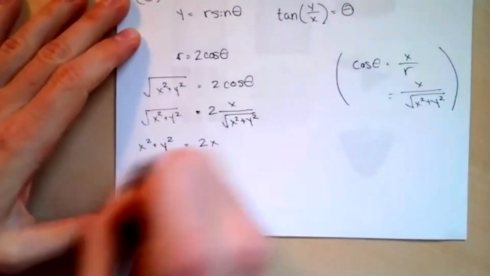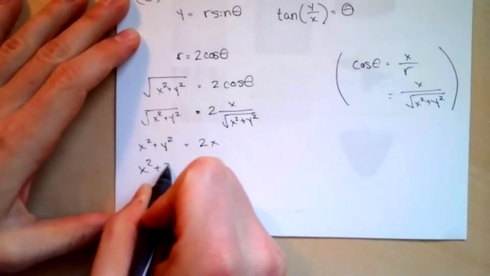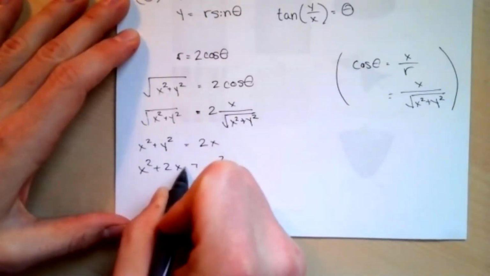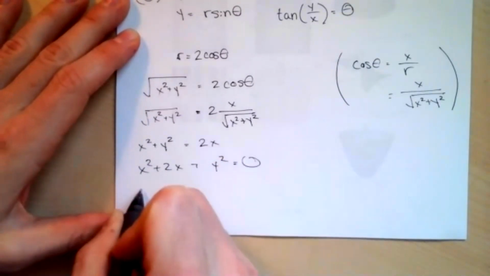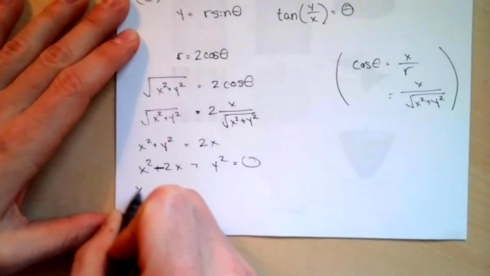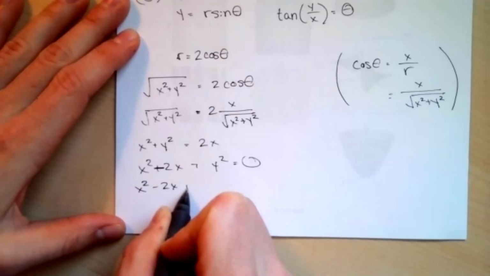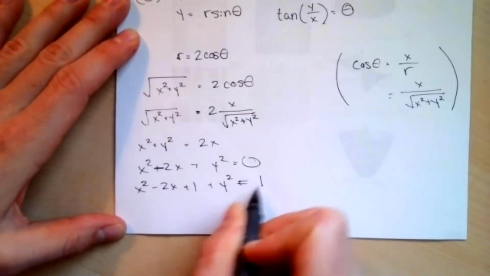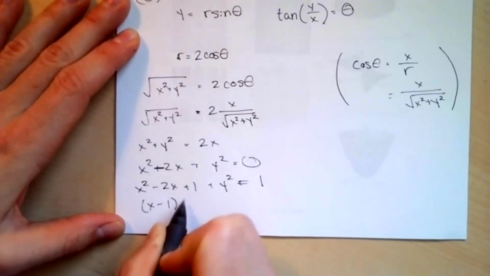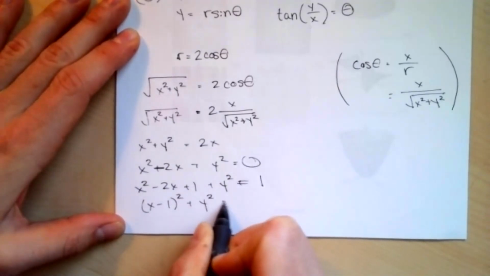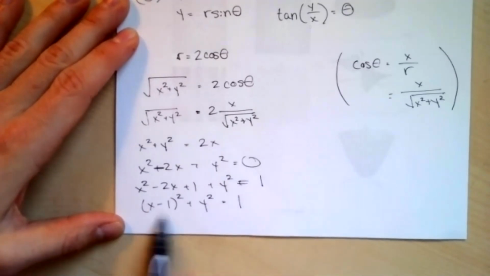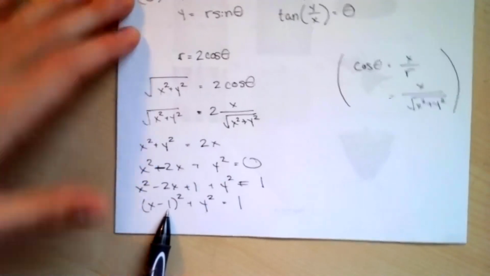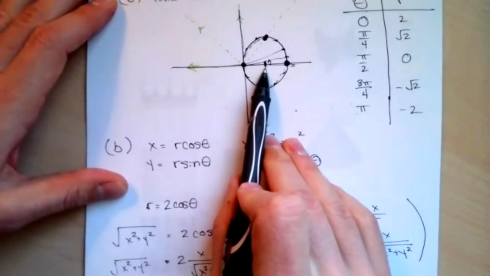If you wanted to put it in a more well-known format, and that should be a negative there, add 1 to both sides, you can complete the square. And we see a more well-known equation for a circle of radius 1 whose center is at 1, 0.